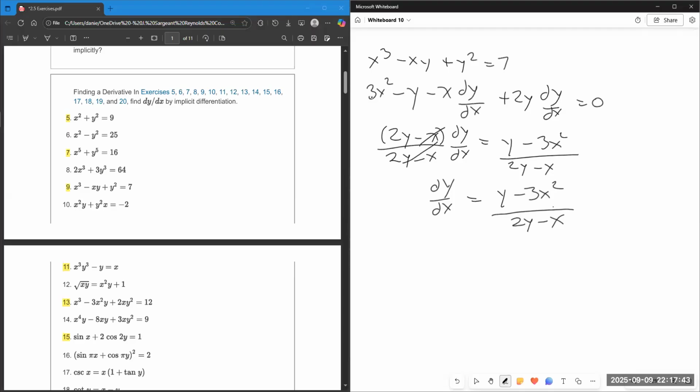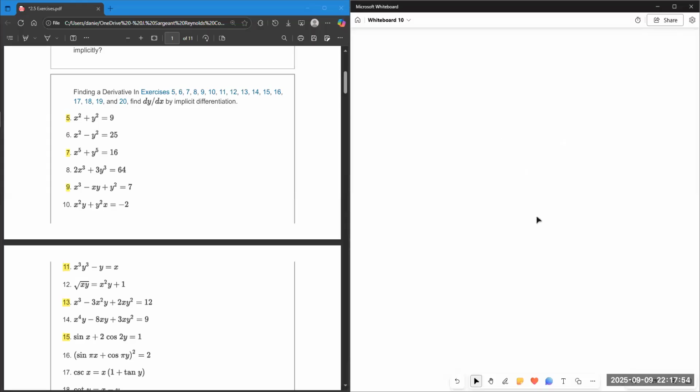Let's look now at number 11. Number 11 says x cubed y cubed minus y equals x.